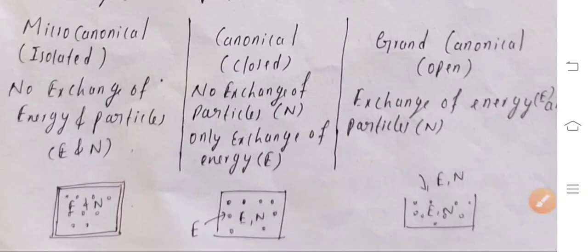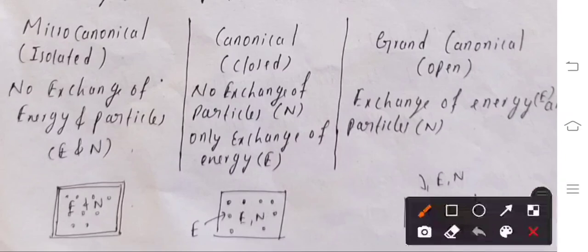Now let us study different types of systems. The first one is the microcanonical system. Here we consider a system having n number of particles, and outside this system there is an insulation, so that there is no exchange of particles and energy with the atmosphere.